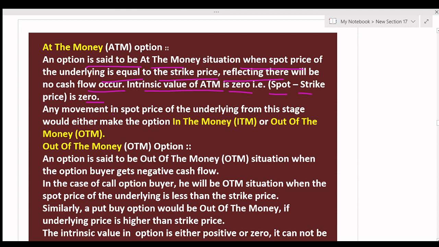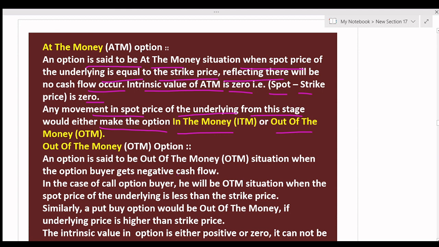Any movement in the spot price of the underlying from this stage would make the option either in the money or out of the money. That is, if the spot price moves upward from ATM, then the long call buyer will be in the money position, and the put buyer will be in the out of the money position.